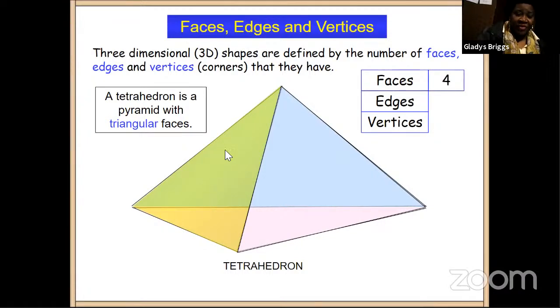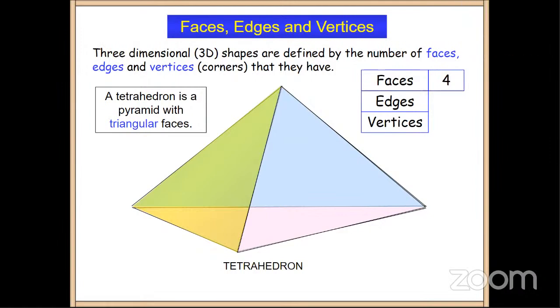So here we've got 4 faces: 1, 2, 3, 4. And how many edges do we think this one will have? How many edges, guys? This is now the time we have to do the work.